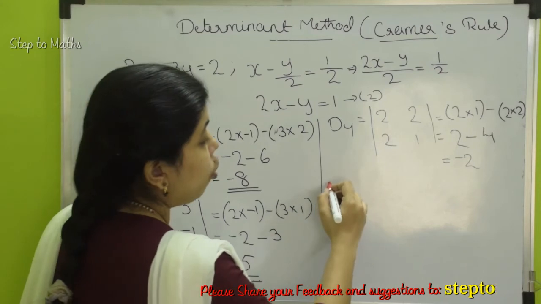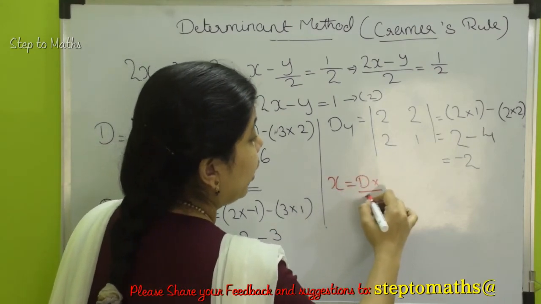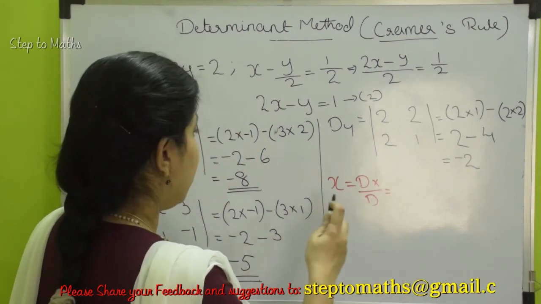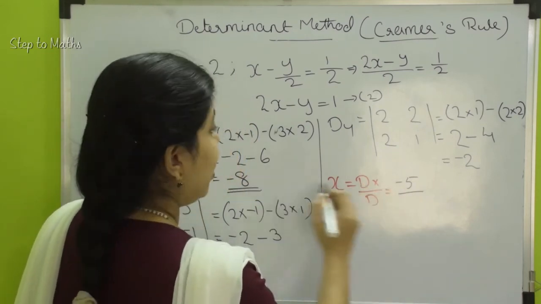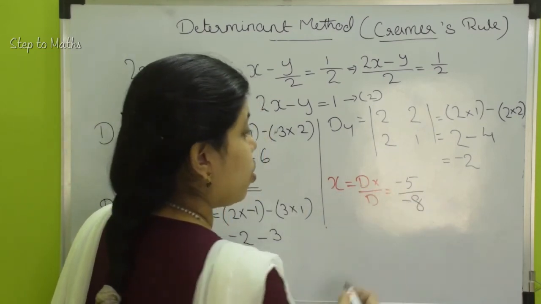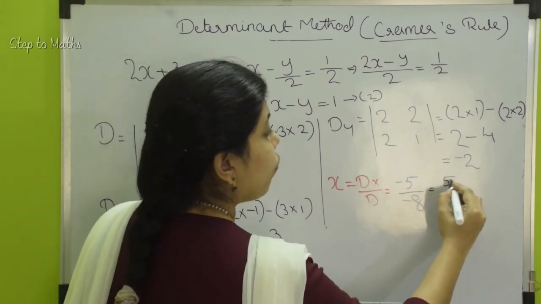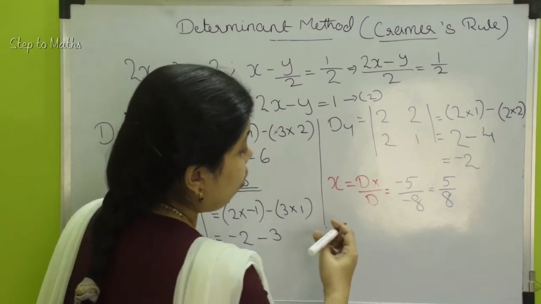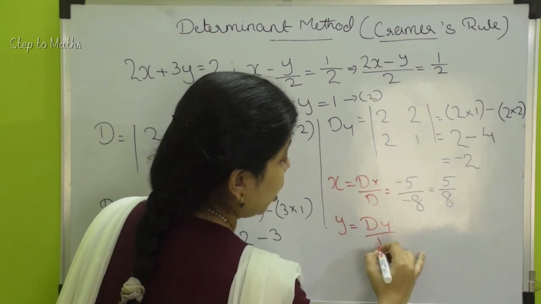Therefore, the value of x is equal to dx upon d. The value of dx is minus 5. Minus 5 upon d, which is minus 8. Minus 5 upon minus 8 is equal to 5 upon 8. Then the value of y is equal to dy upon d.